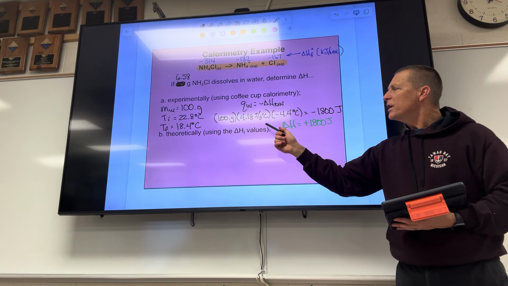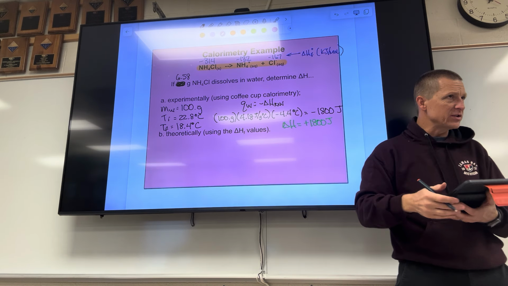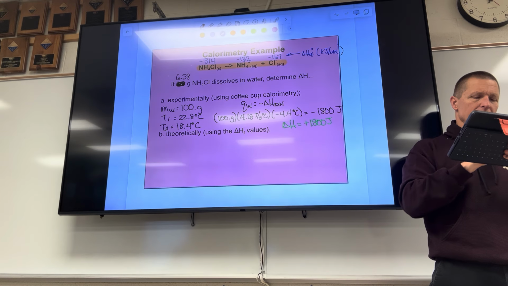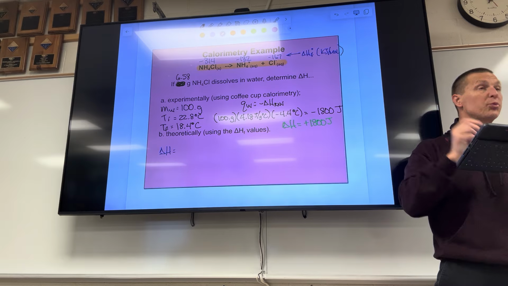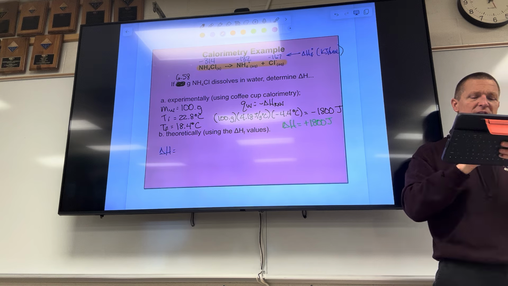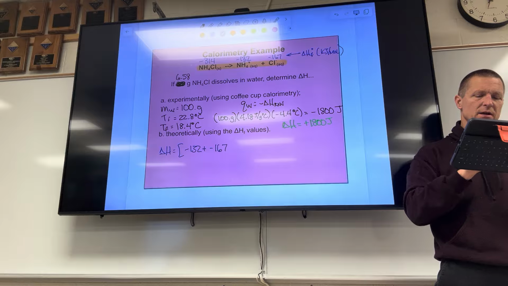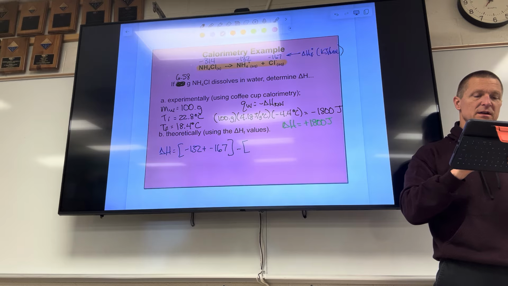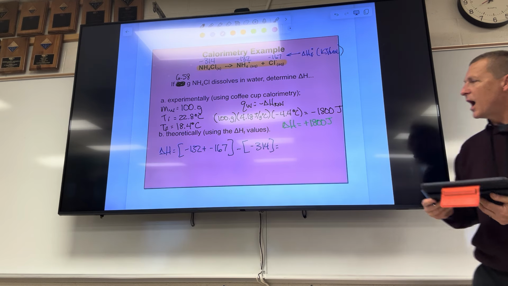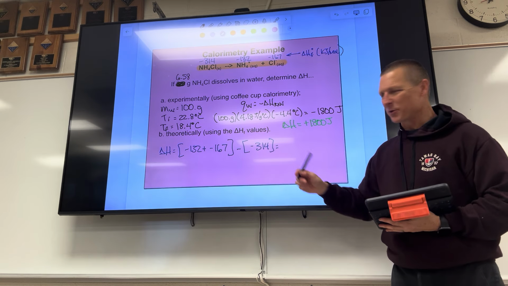Okay, so theoretically, we can find the delta H of this reaction. We're going to do delta H equals products minus reactants. That's going to be the products, negative 132 plus negative 167 minus the reactants, negative 314. All right. Now what do we get?